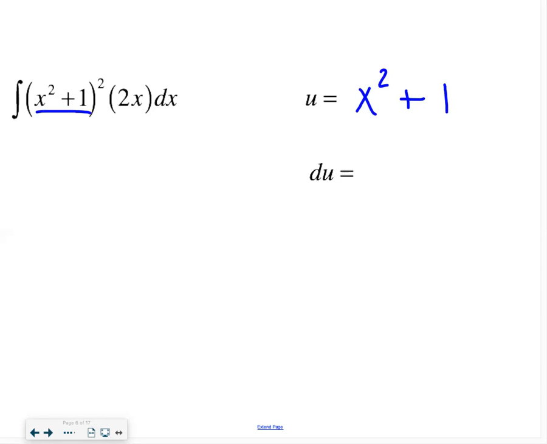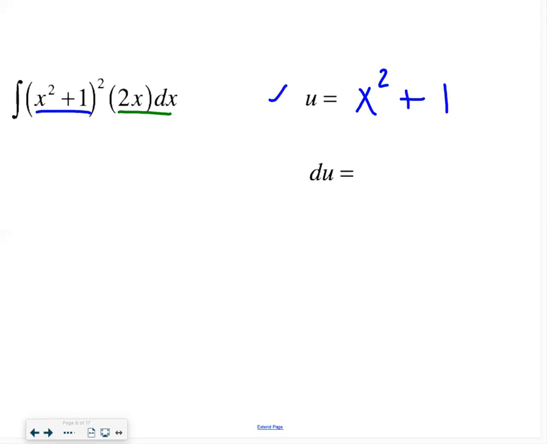Again, whatever's under your highest power, whatever's under your radicals, that's what you want to call your u. And your next color: that only takes care of substituting in u, I'm still forgetting about these two things at the end here. So we still need to account for our 2x dx.